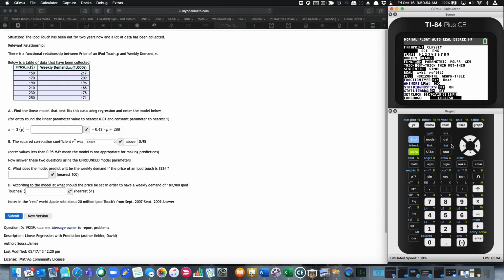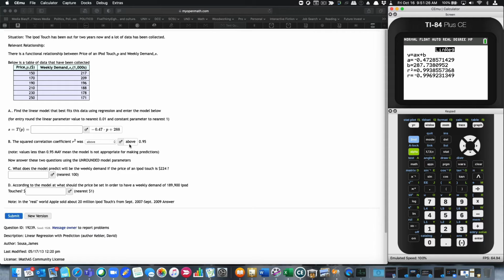I don't even know what stat diagnostics is. Oh, that stat diagnostics gave it to us.